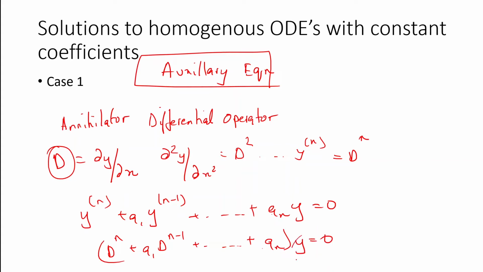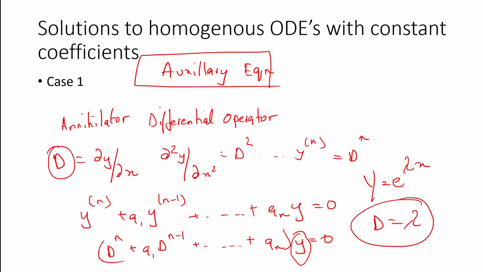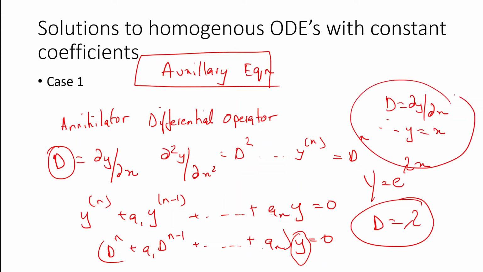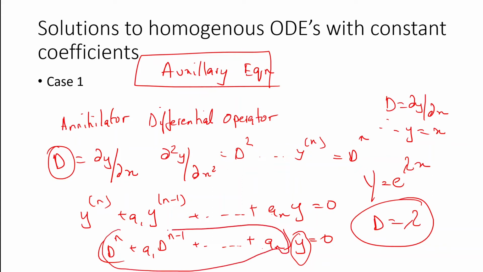This is the same as writing that, because we assumed y is equal to e to the power lambda x, and D is our lambda itself. So it is just an inverted way of writing it, where D is now dy by dx and y is operated on with respect to x. So this is the annihilator form or the characteristic form. This is called the auxiliary equation, like the previous one, or characteristic equation.